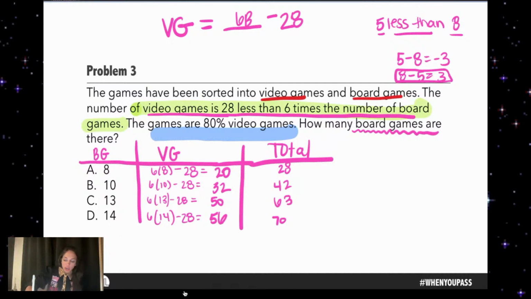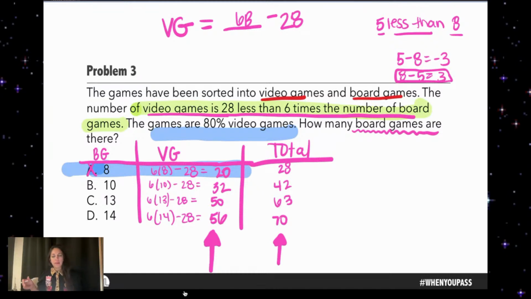Sorry. I read that wrong. So the games are 80%. So this is 80% of this, which means I should have way more video games to board game ratio, right? So this ratio right here is not an 80% ratio at all. I can visually look at that.